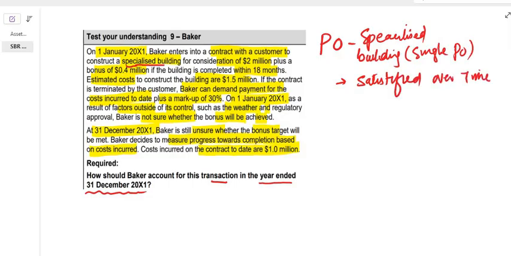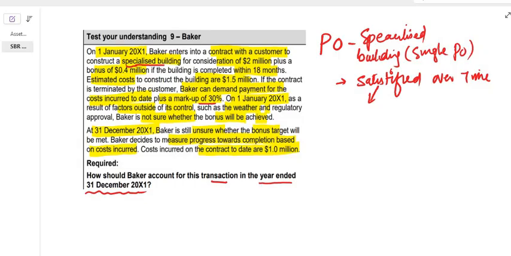So it's about revenue recognition and how you recognize it. It was satisfied over time, so the revenue should also be recognized over time. Now because this building is specialized with no alternative use, we say that the obligation is satisfied over time. The second thing is that Becker can demand payment for the cost incurred plus markup.